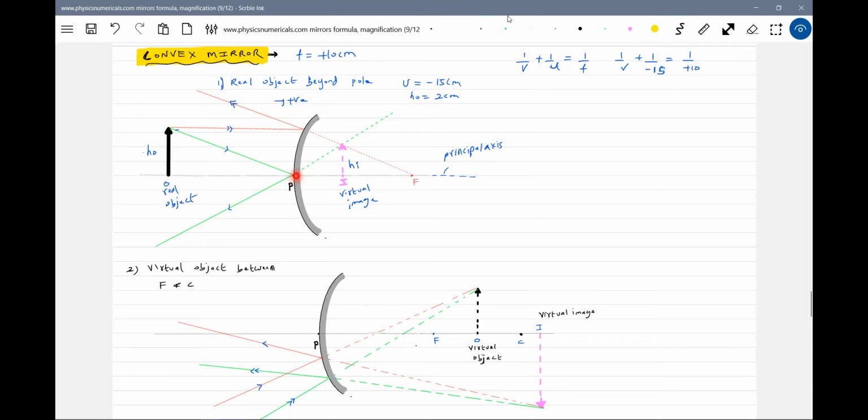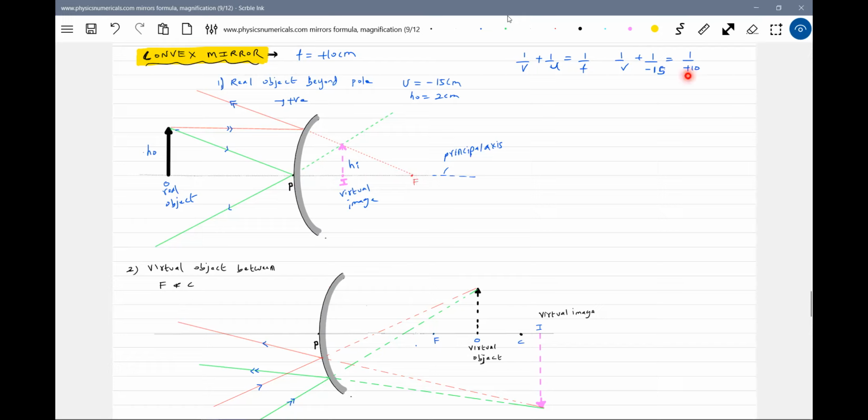All distances I should measure from the pole. The incident rays are towards the right. So what is the object distance? This will be minus 15. And look at the focus. The focus is on the right side of the pole. So I measure the focal length from the pole in the direction of the incident ray. Therefore this will be positive.